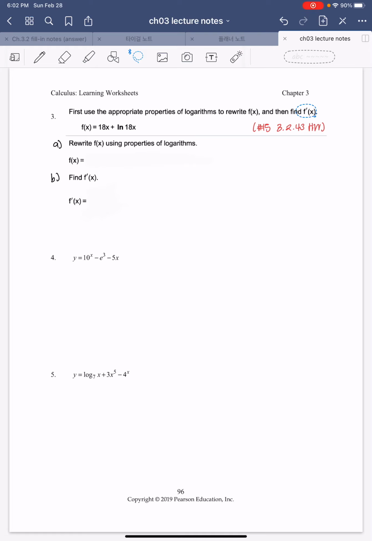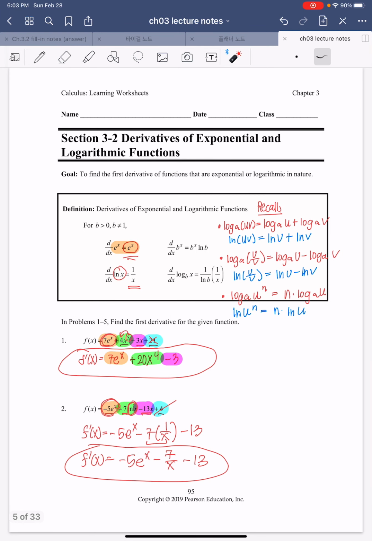There's no issue of taking the derivative of 18x. 18x is just 18. Now the problem is the second one over here, ln 18x. Why? I am given just ln of x, not ln of some number times x. I hope you see the difference from the earlier one.